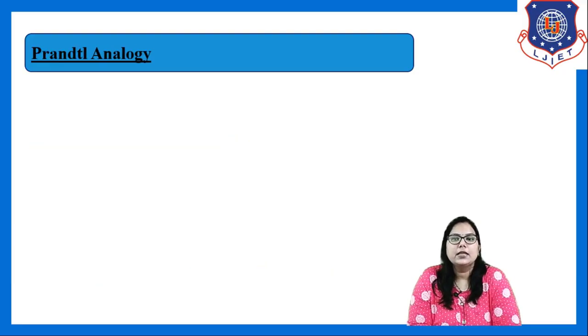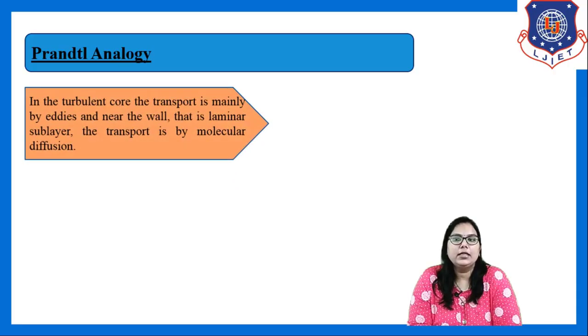Next is the Prandtl analogy. The Prandtl analogy is used in the turbulent region. In the turbulent core, the transport is mainly due to eddies, and near the wall there is the laminar sublayer, where the transport is by molecular diffusion. We have already studied these different layers in fluid flow operations.